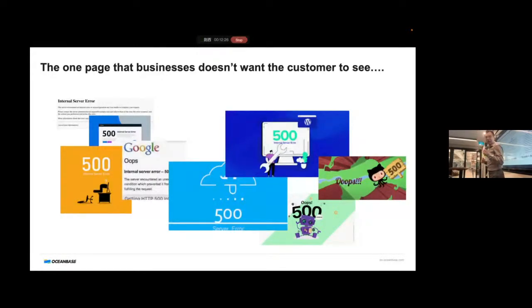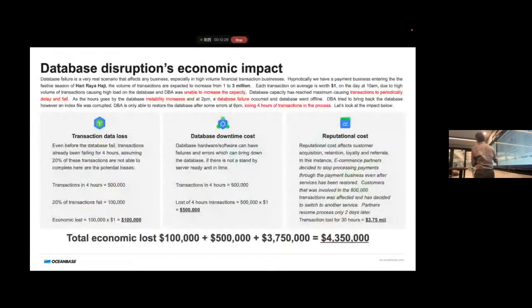Okay. So let's talk about database disruption. Everybody says, okay, it's just database. Who cares? But actually, there's actual monetary impact, right? So if you look at this scenario here, you got transactional data loss, right? So imagine that you got a transaction, and then for 4 hours, your system went offline for whatsoever reason, right?